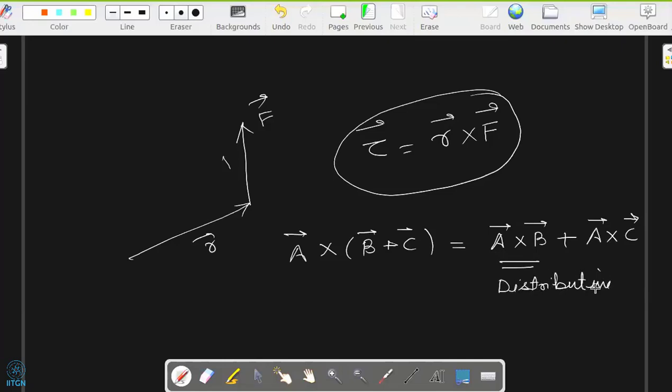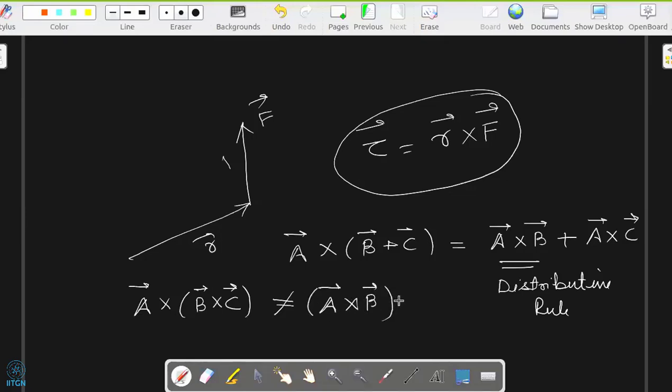Another very important thing, and I must ask you to prove this and try to understand whether it is correct or not: A cross (B cross C) cannot be equal to (A cross B) cross C. So here the associative law is not valid.